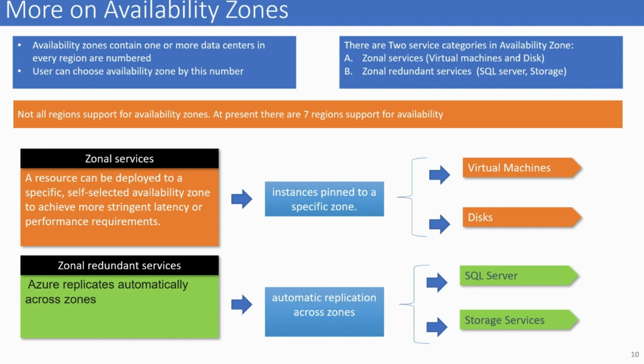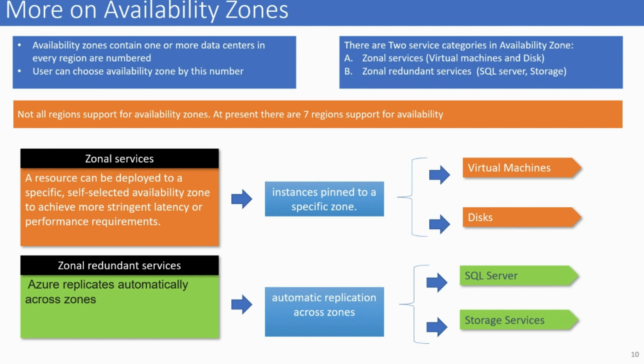Zone redundant services are the ones where replication happens automatically. For example, services like SQL Server and storage services are the best examples of zone redundant services.